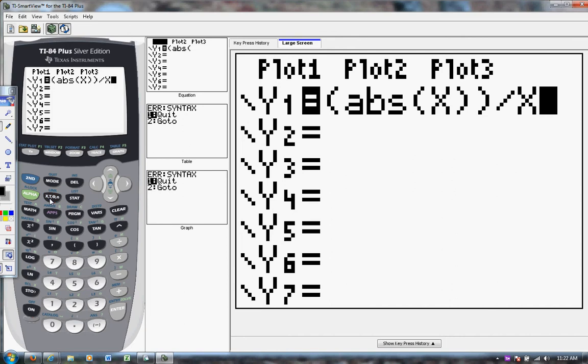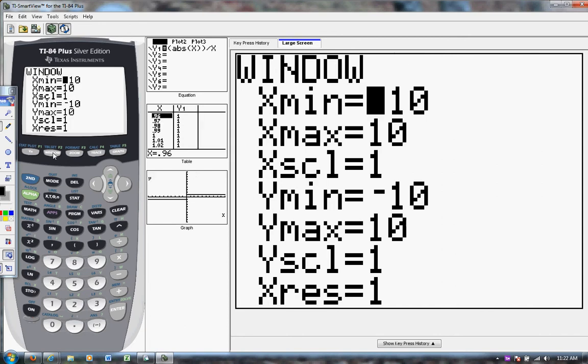And I'm going to save us some time here. Let's make our window, on our y's, let's make it -5 to 5. And then we'll graph it.